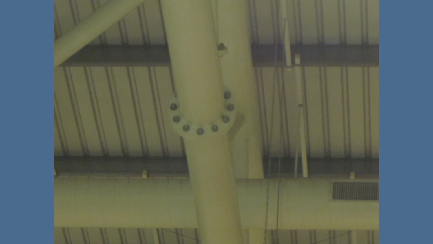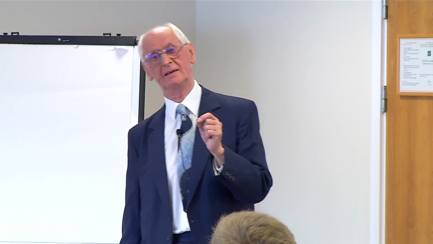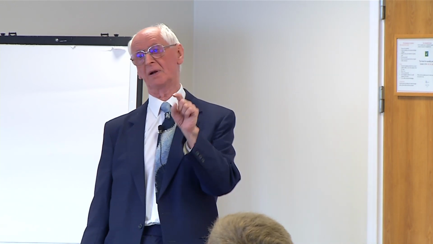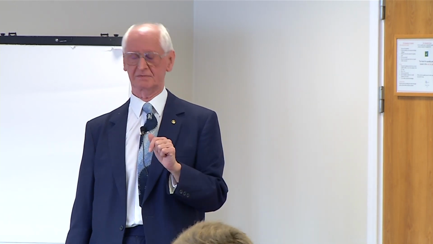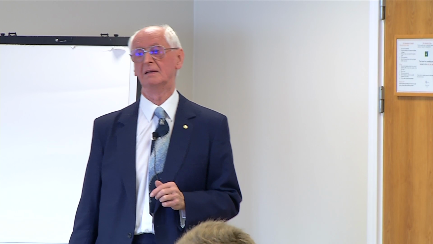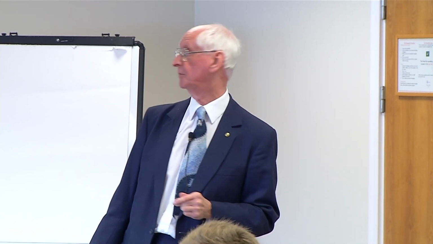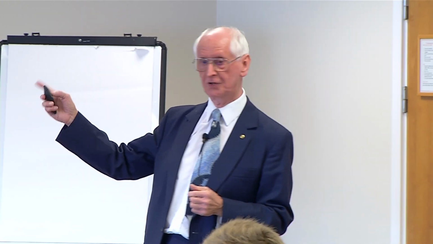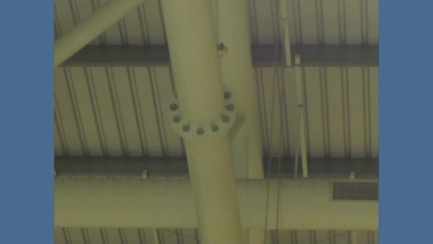The bolts are quite easy to check because on the head you will usually find the letter M for metric, and you'll usually find a grade number, 4.8, 4.6 or 8.8. So you can tell whether it's a high tensile bolt or a normal grade bolt. Not easy to get up there and look, but that is an absolutely critical fixing. If that goes, then that whole truss goes. No, don't like that.